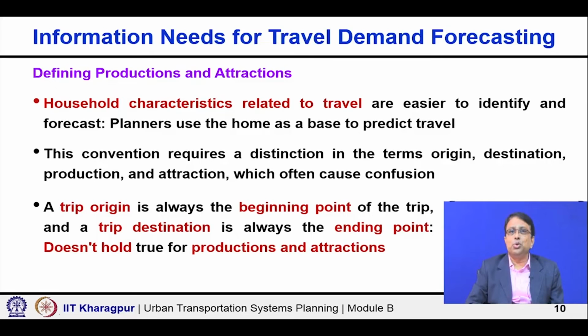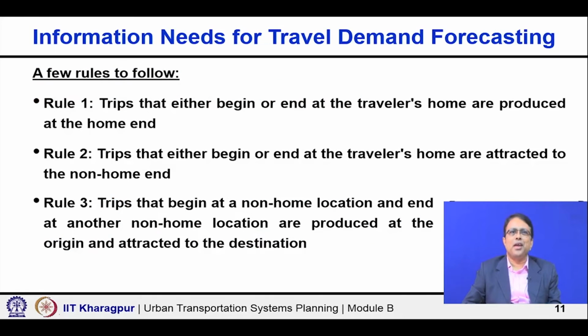But that does not hold true for productions and attractions. We cannot say a trip is made from A to B, so the production is at A and attraction is at B. That is not always true. Why? Let us understand that.